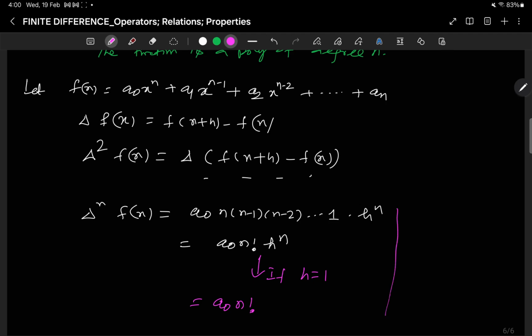In contrast, if I see d by dx of a0 x to the power n, is it not here a0 into factorial n? So it resembles the derivative for the nth order difference. Exactly the same for the nth order. But if I find the n minus 1th order, it will not be like that, right? So it resembles your derivative.